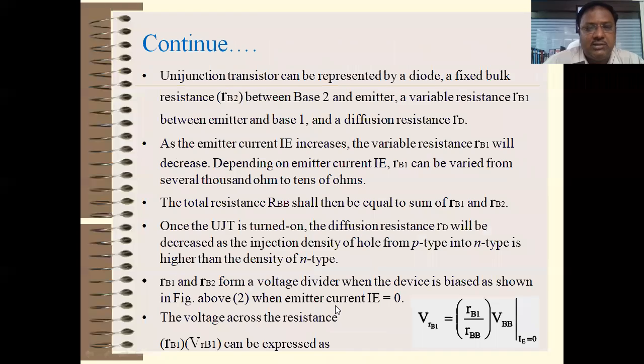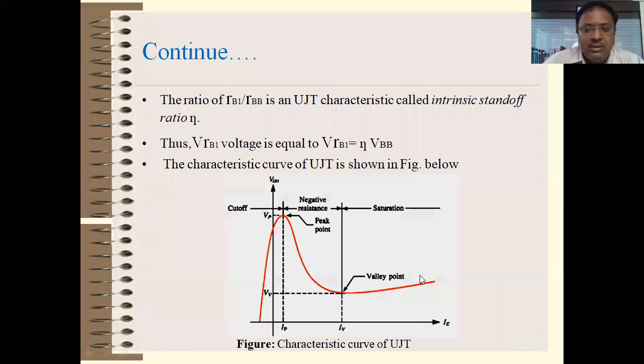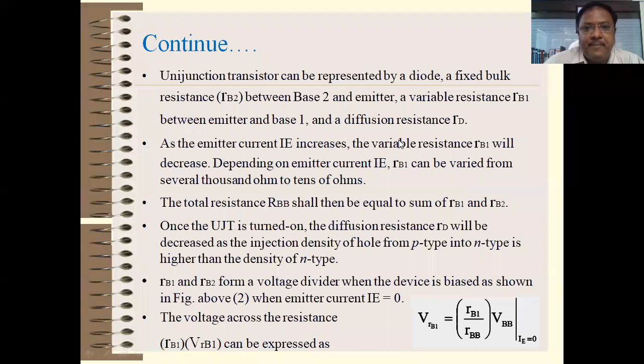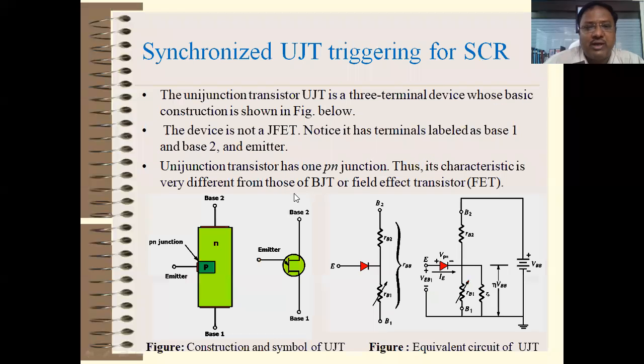The important thing is that the characteristics of UJT are something different than JFET characteristics. If you see this characteristic, the UJT turns on when the applied voltage between emitter and base one is greater than the voltage VRB1 plus VPN, right? That is shown here. If the voltage applied is less than the addition of these two, then your device never turns on.